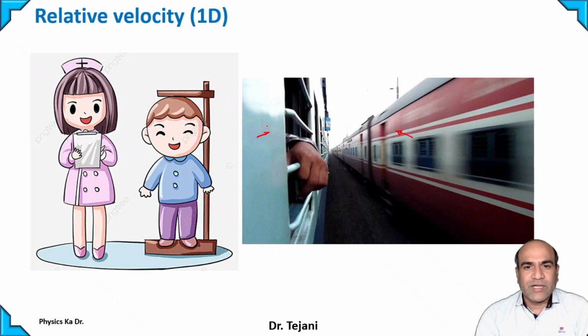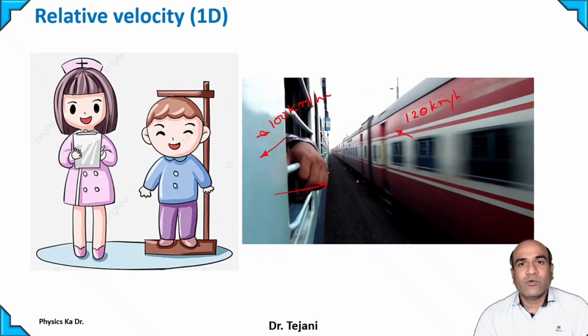Say for example, our train is running in the x direction at 100 kilometer per hour and the opposite train is running at 120 kilometer per hour. What do we feel? We feel that the opposite train is running too fast, more than 200 kilometer per hour. And that's relative velocity.